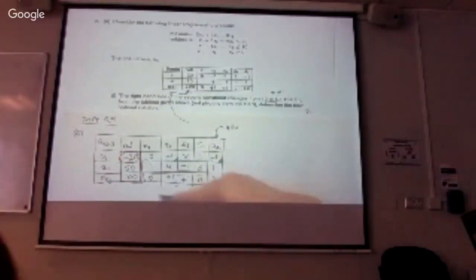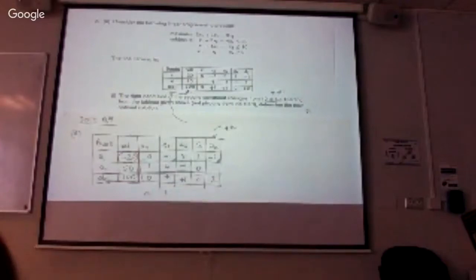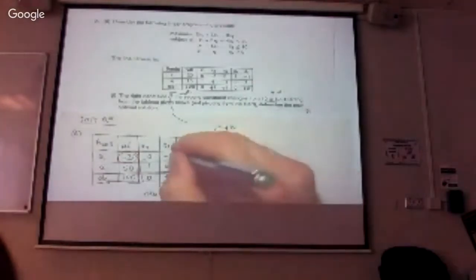So the ratio here is 1, and here it's 2. Everything clear? Aisha? Yeah? You sure? Okay. And the smallest ratio among all gives you the pivot element.